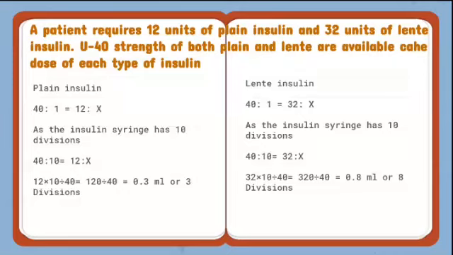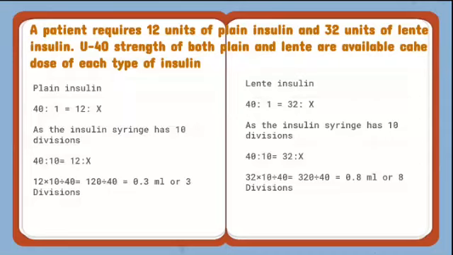Okay, so for plain insulin also the ratio is U 40 units in 1 ml, and the lenti-insulin also has the same strength, that is 40 units in 1 ml. So the same formula here, 40:1 is equal to 12 divided by x, because for plain insulin we need 12.